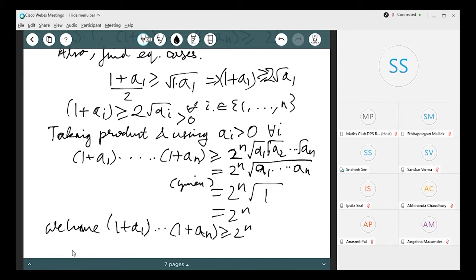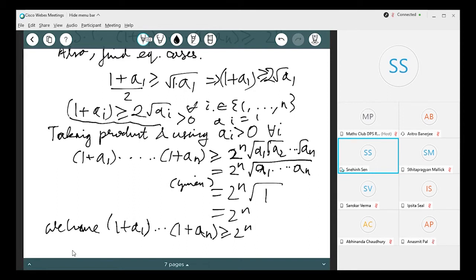As desired. But what's the equality case? I won't be explicitly proving it, but any guesses? The equality case will be when a1 equals a2 equals dot dot dot equals an equals 1. Exactly. So our equality case would be when all of these mini inequalities over here become equalities, and that's when this equality holds if a_i equals 1.